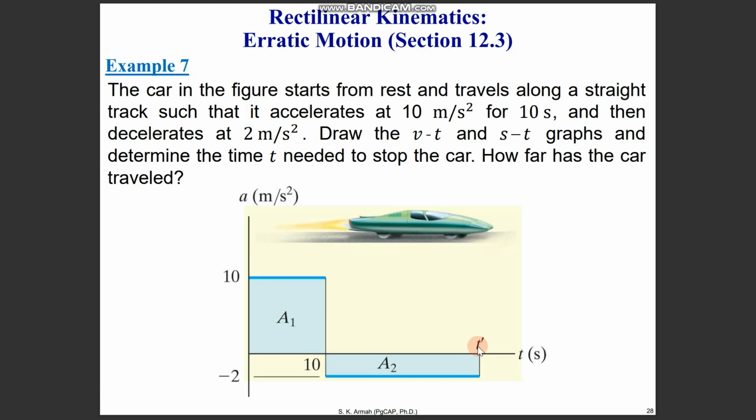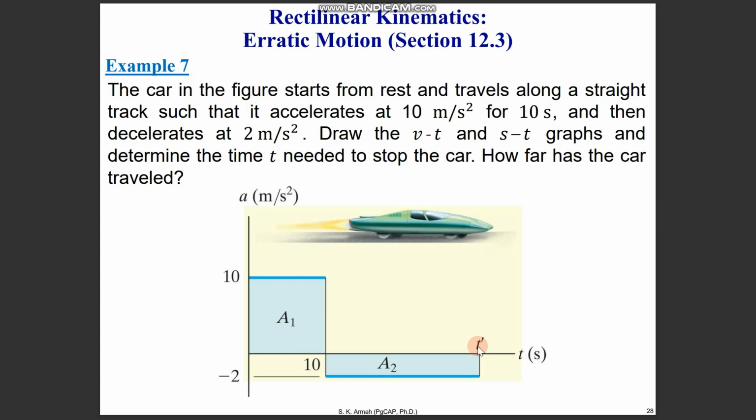Now you are going to take the integral. The time will now start from 10 seconds to t, and the velocity will start from 100 meters per second. Like I said, the final velocity for the first part will be the initial velocity for the second part, so the velocity goes from 100 to v, which we don't know.